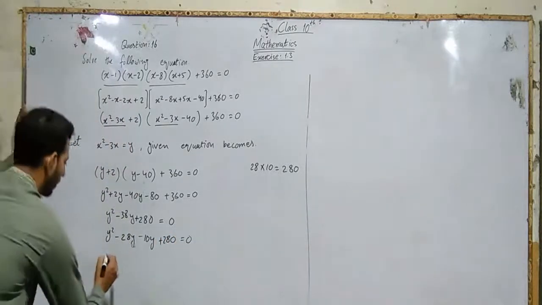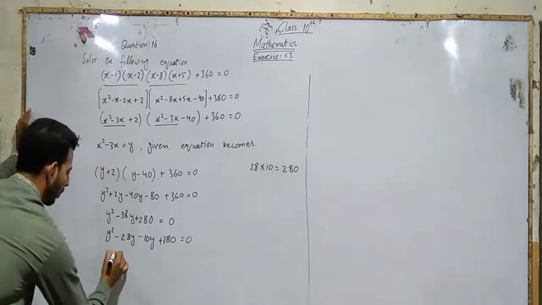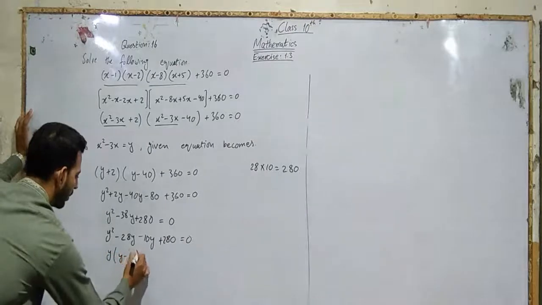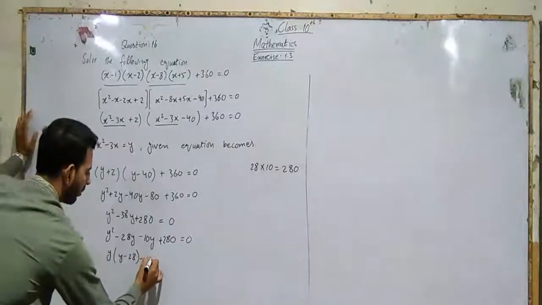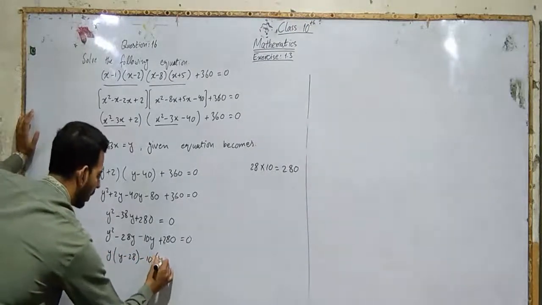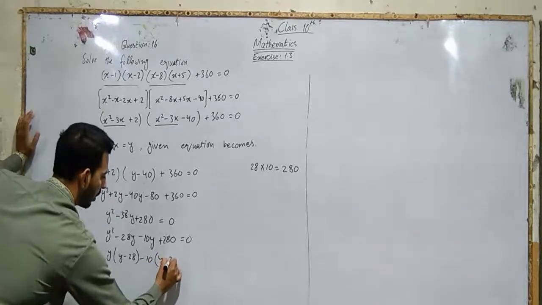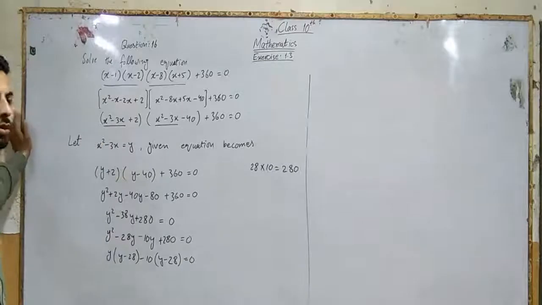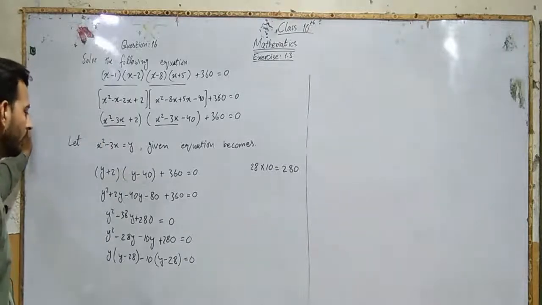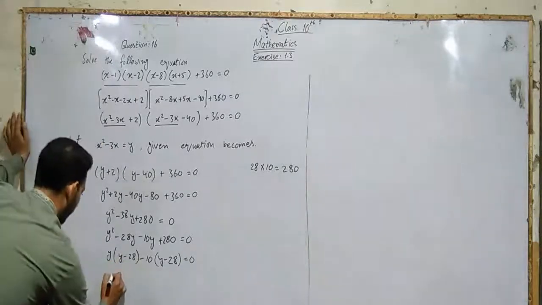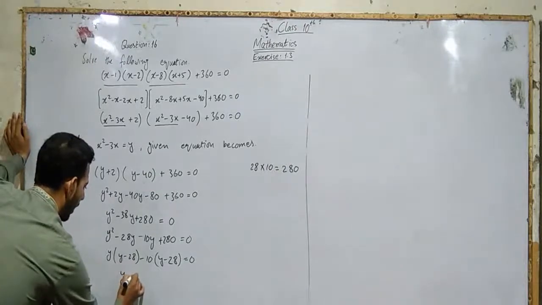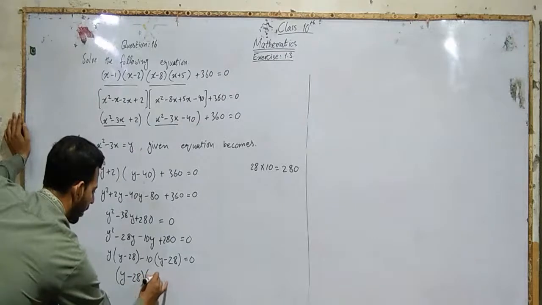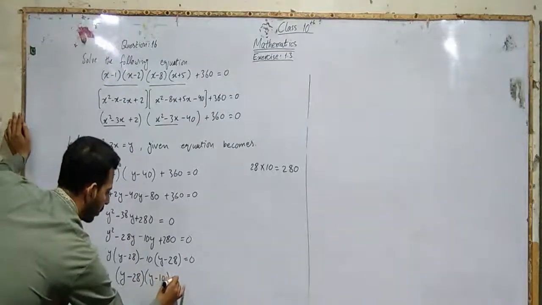Now we will get y common here, and then y minus 28. Here minus 10 is common and y minus 28 is remainder, and this equals to 0. Students, now this becomes (y - 28)(y - 10) = 0.